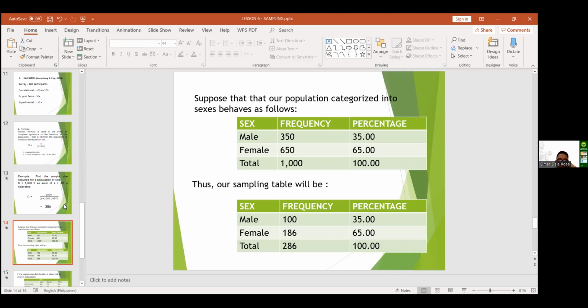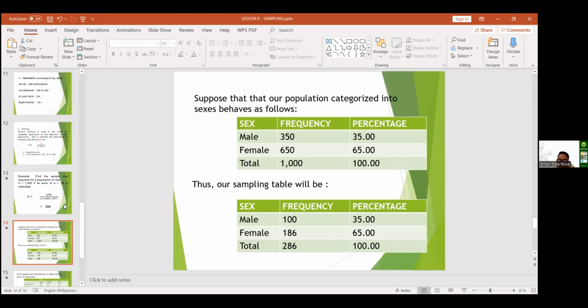So hindi equal na divided by 2 yung 286, kasi masyadong marami ang babae sa population, therefore dapat mas marami rin sila sa sampling table natin.